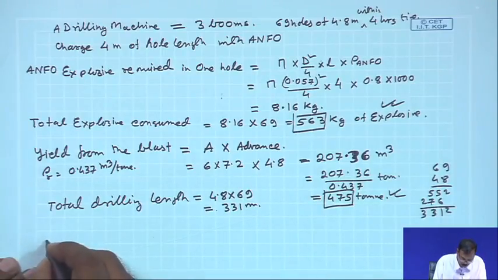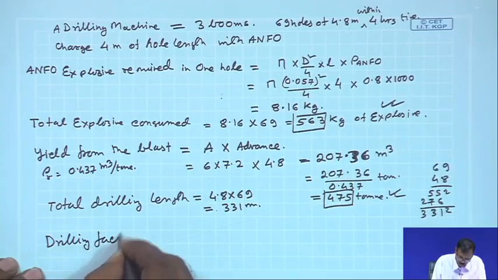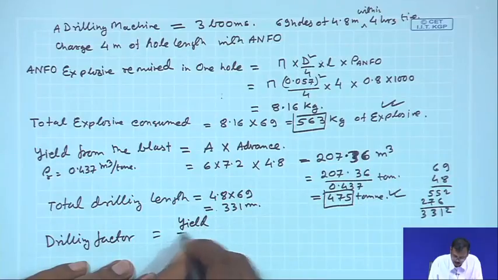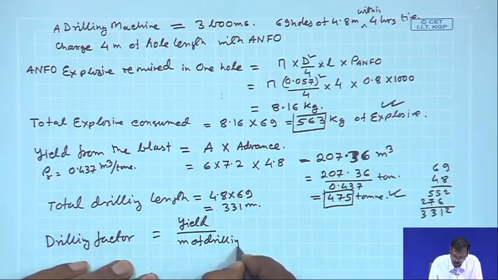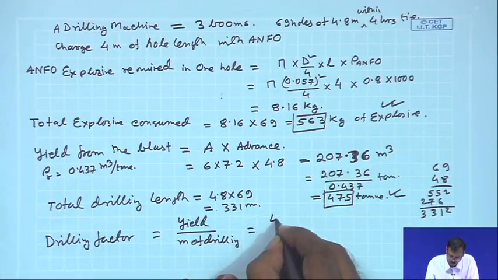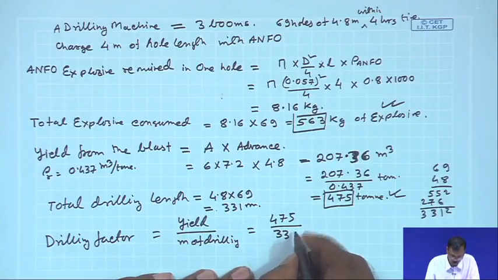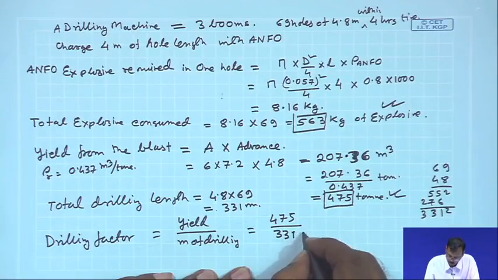So, now drilling factor is basically the yield per meter of drilling. So, that is equal to 475 by 331 meter.